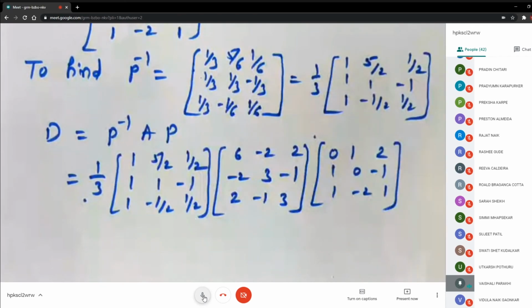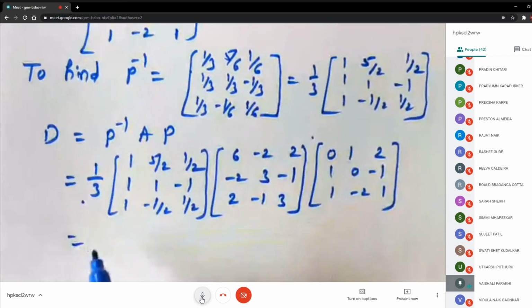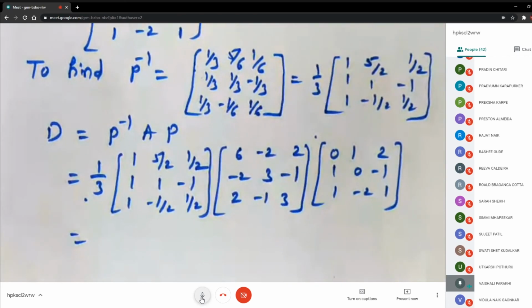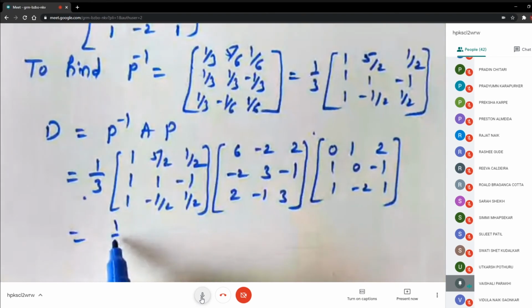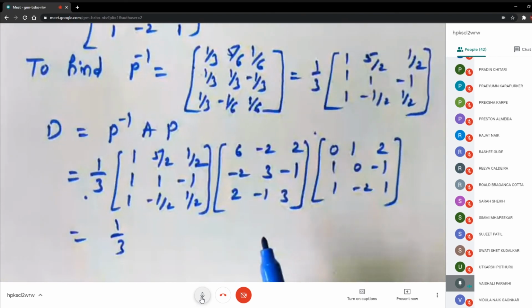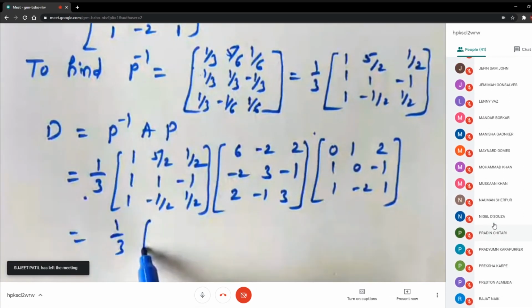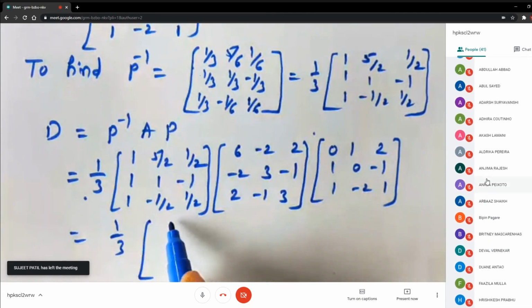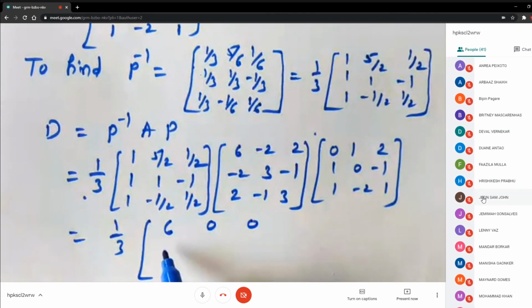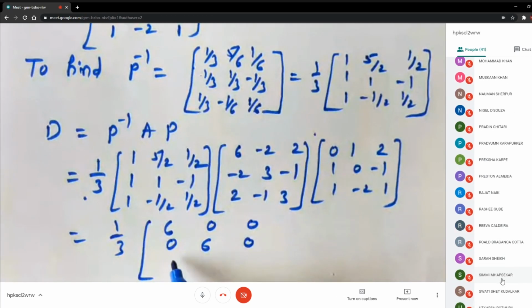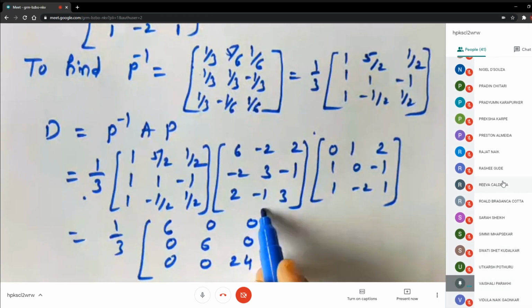So this is 1 by 3. Can you multiply these 3 matrices on the calculator, keeping 1 by 3 outside itself? Anybody got it? Please tell me. You can multiply these 3 matrices on the calculator. When you do it, you will get 6, 0, 0, 0, 6, 0, 0, 0, 24.